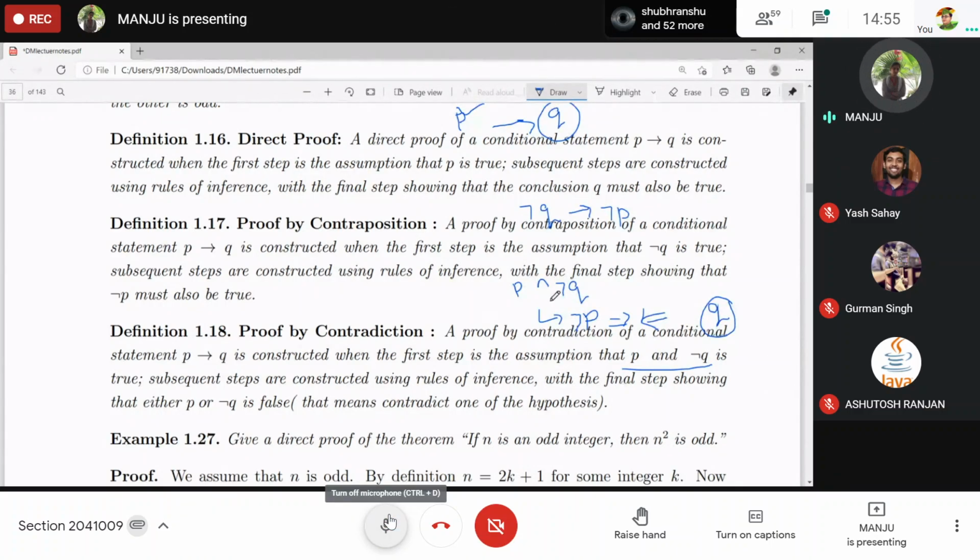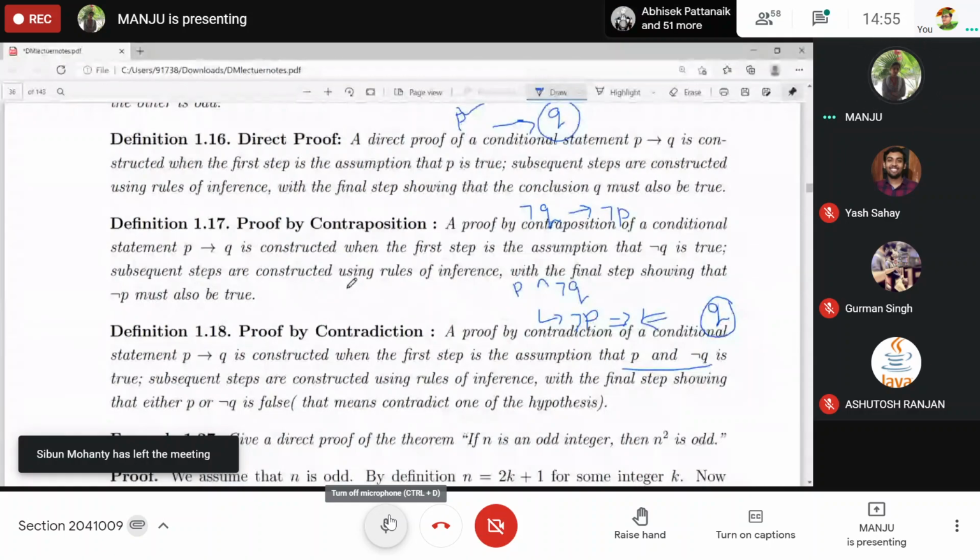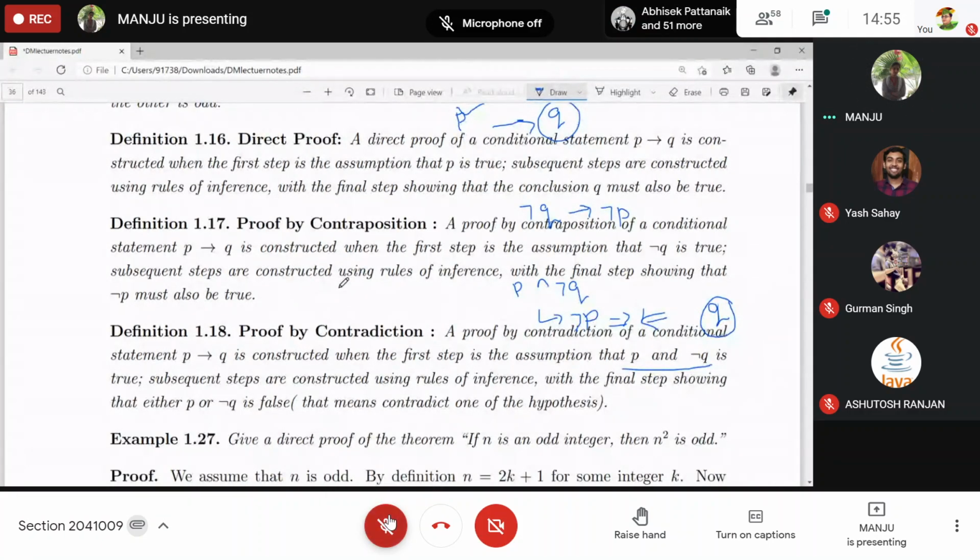Negation of P is false, you can't take it. No, that will not help you, because P is already given. You want to prove Q, so why would you assume Q? What you are going to prove is Q, so you can't assume Q is true.